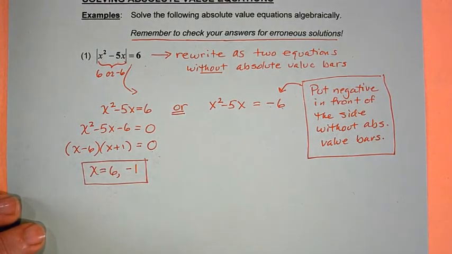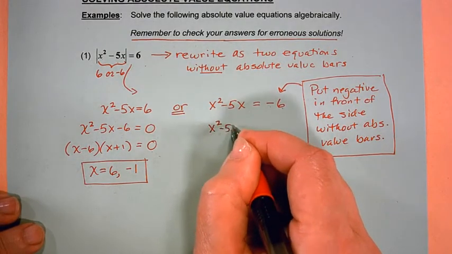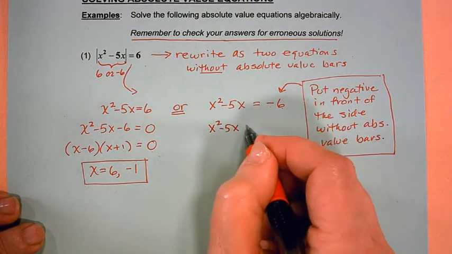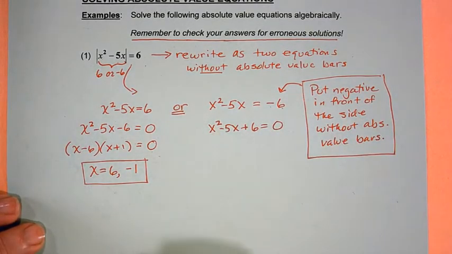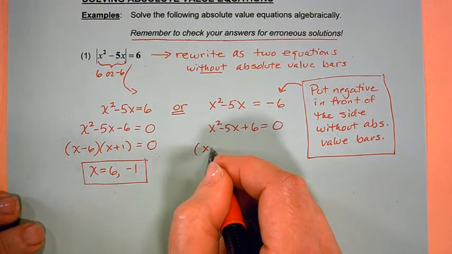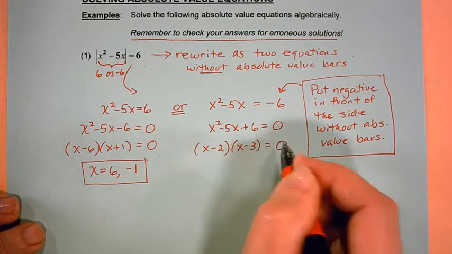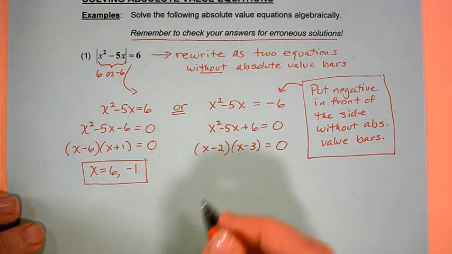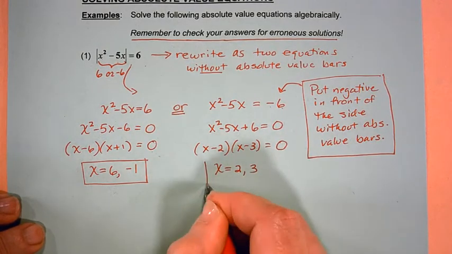Now let's look at the second one. Again, I'm going to get x squared minus 5x, and I'm going to get 0 on the other side, so I'm going to add 6 to both sides. Then I'm going to factor that again. That gives me x minus 2 times x minus 3 equal to 0, which gives me values of positive 2 and positive 3.